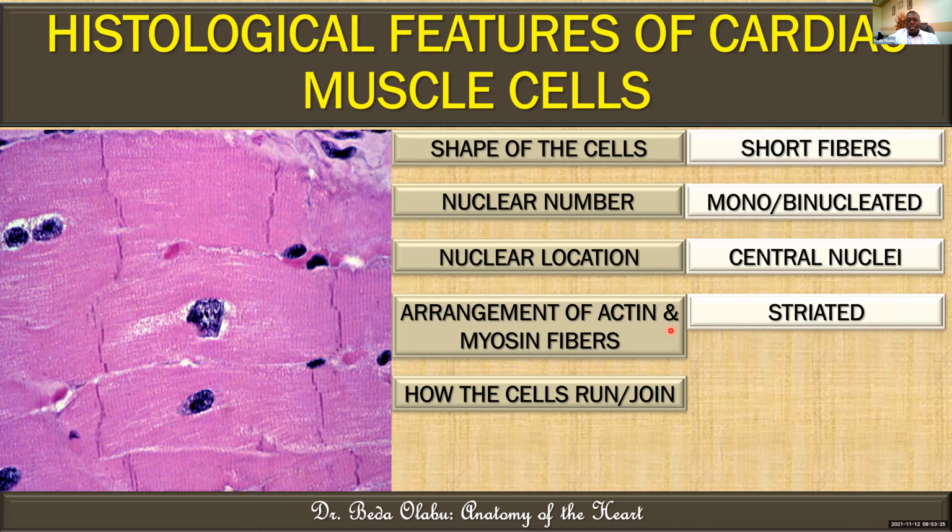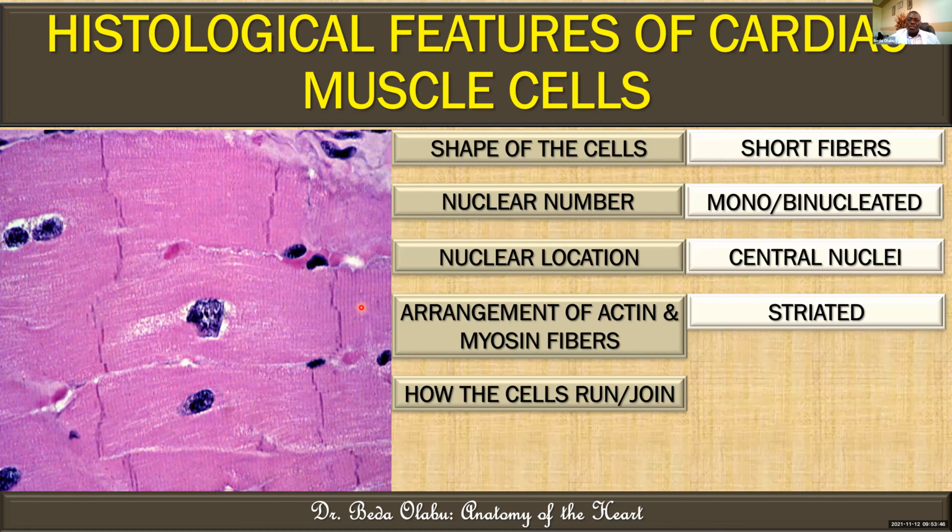We also check the arrangement of actin and myosin fibers. If actin and myosin fibers are regularly arranged, in light microscopy we will see alternating dark and light bands, as you can see in that zone there, or even there. Actually, overall, you can see it everywhere.